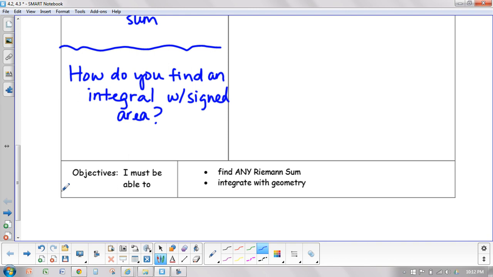Objectives are that you have to be able to find any Riemann sum. A Riemann sum is one of the 6 types listed above. And then second piece would be on the second day that you can integrate with geometry.